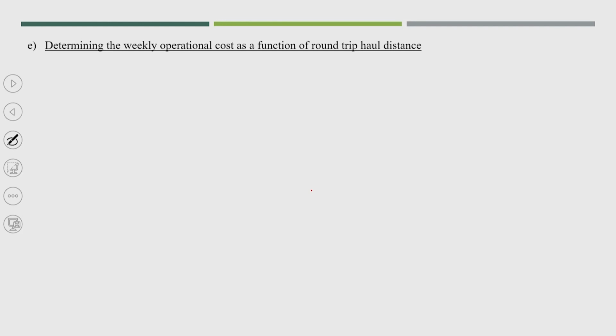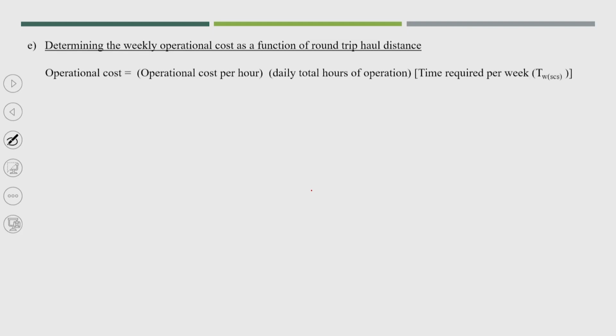Now, we will determine the weekly operation cost as a function of round trip haul distance. In the same way, we can calculate the operation cost: cost per hour multiplied by daily hours of operation and multiplied by the TW value for the stationary container system. Calculated the same way, it comes to be 10,473.28 plus 113.84 x.